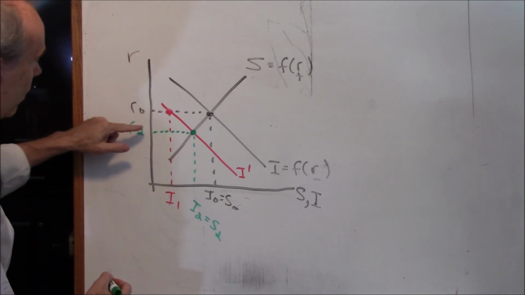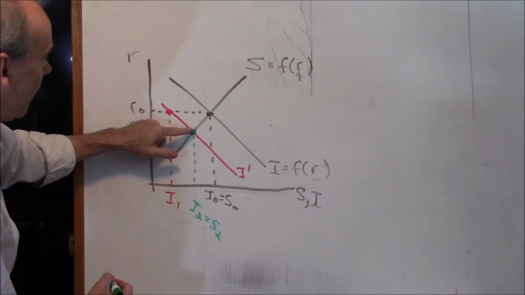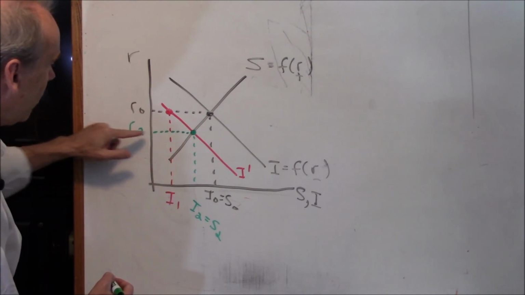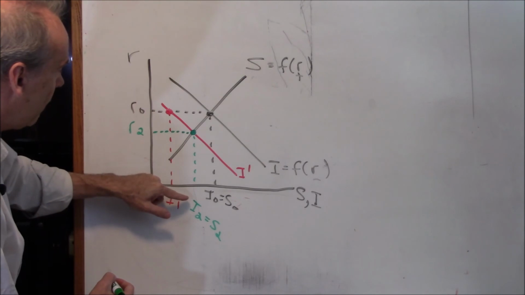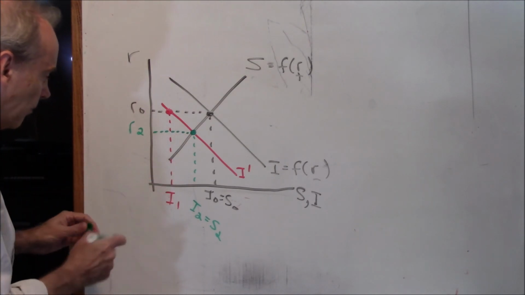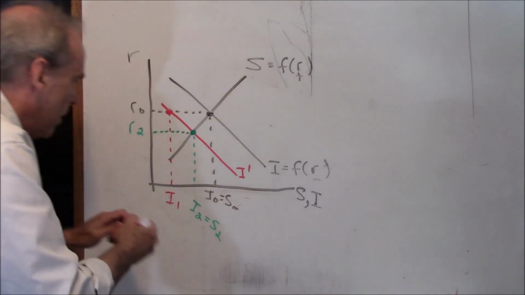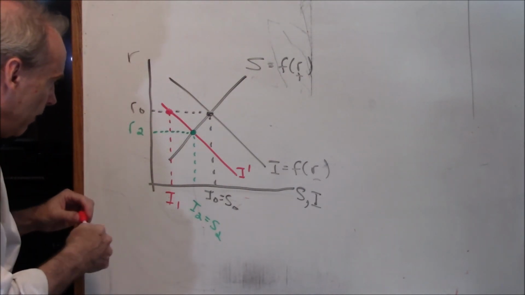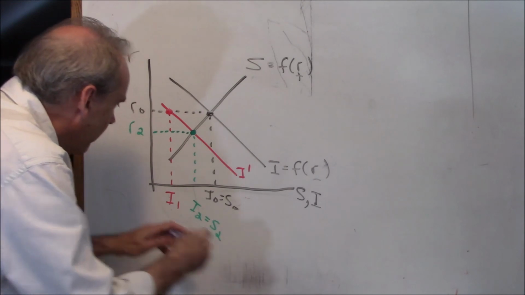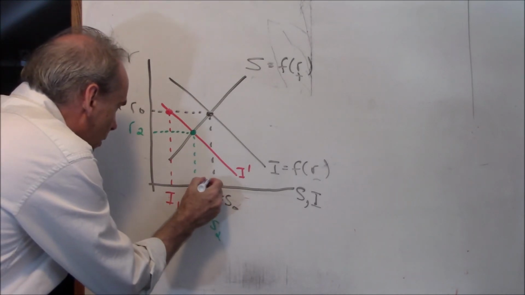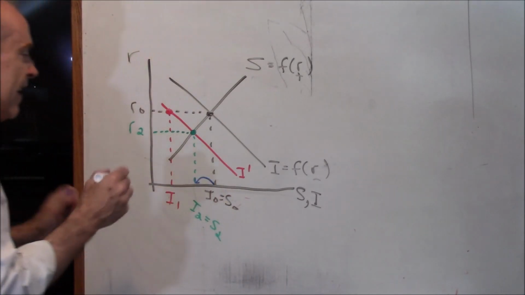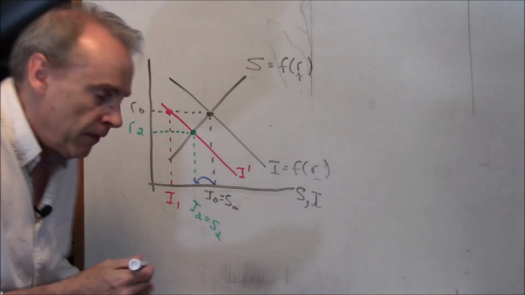As you bring the interest rate across, when you hit the investment curve, it's here. When you hit the savings curve, it's here. So savings and investment must be equal again. And then notice, in blue, here was the net decline in investment.